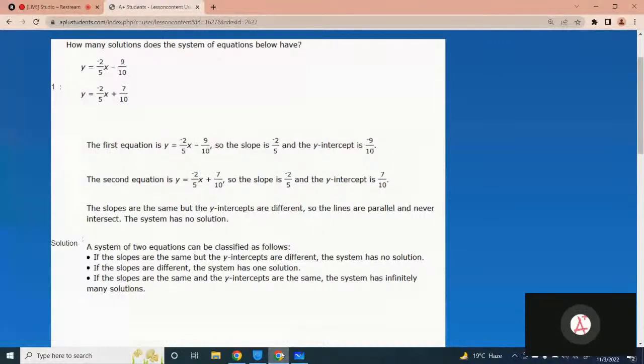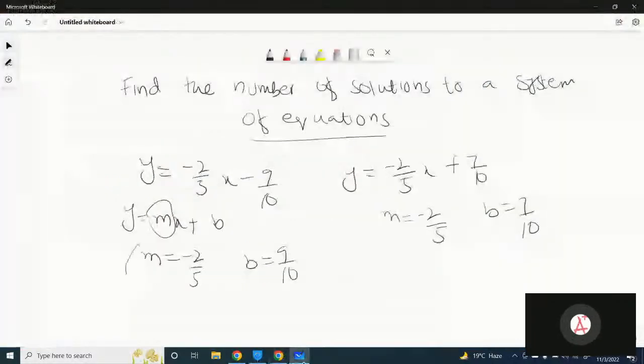So in this case, the slope is the same but the y-intercept is different. That means the system has no solution. You can see the slopes of both equations are exactly equal, but they have different b. That means the system has no solution.